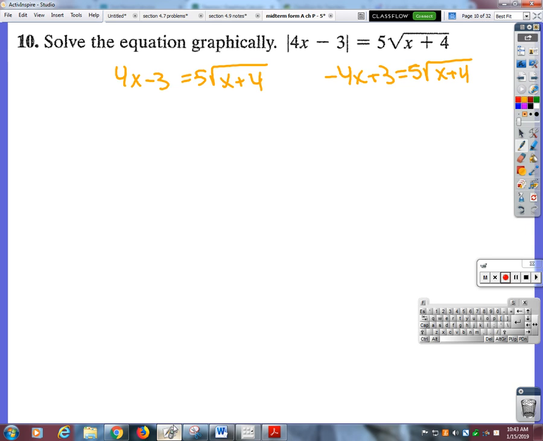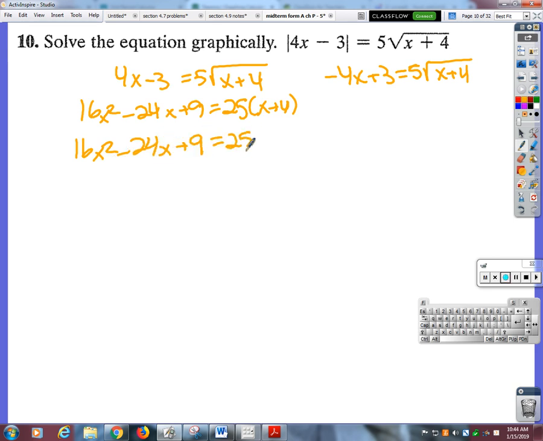So Ben, if I was to solve this algebraically, I'd have to square both sides to get rid of the square root. So that would be 16x squared minus 24x plus 9 equals 25 times x plus 4. Multiply those two together, and so that would be 16x squared minus 24x plus 9 equals 25x plus 100.